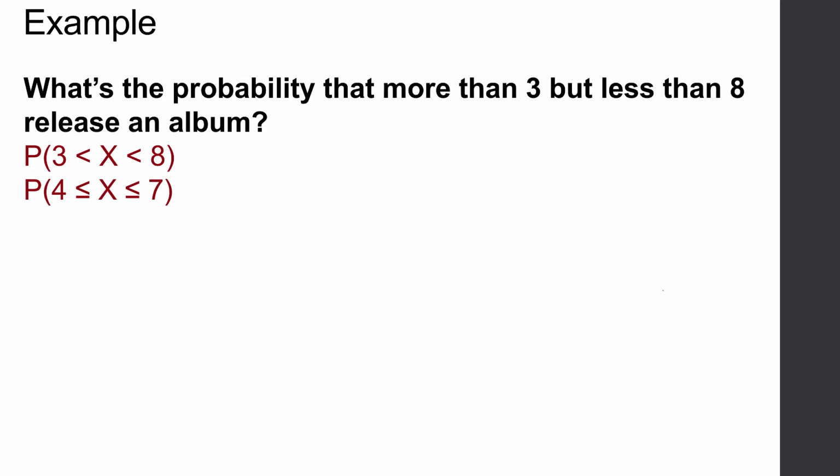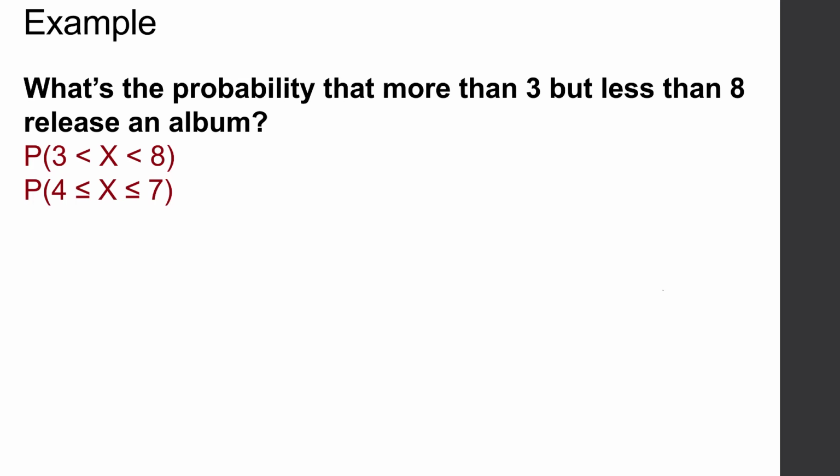I would highly recommend following whatever method works for you, and follow it every time. That way you won't make mistakes. So the way that I'm going to teach it to you is starting with changing the words to a probability statement, and then changing your probability statement into non-strict inequalities with those or-equal-to signs on them. Very good. Now, how do I compute this? If I use pbinom of 7, what's that going to give me in R?